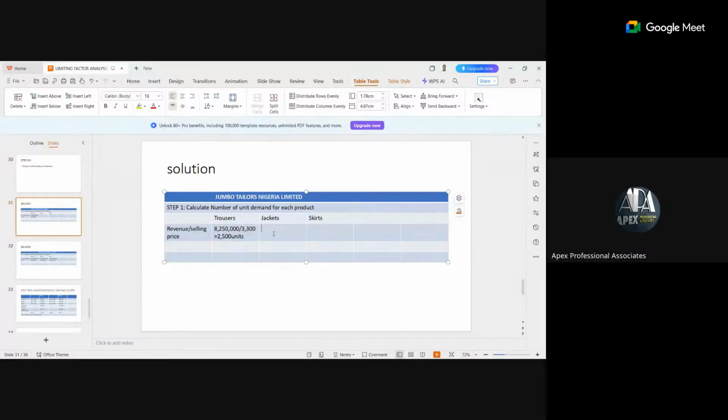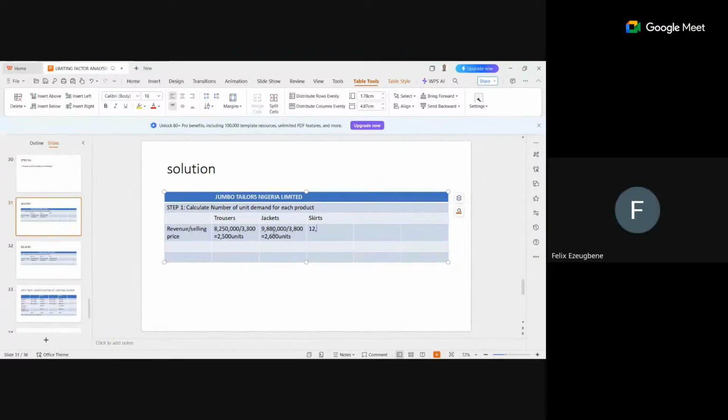So jacket, the revenue for jacket is what? 9,880,000 divided by the selling price, which is 3,800. The unit will be what? 2,600 units. For skirts, the revenue is what?